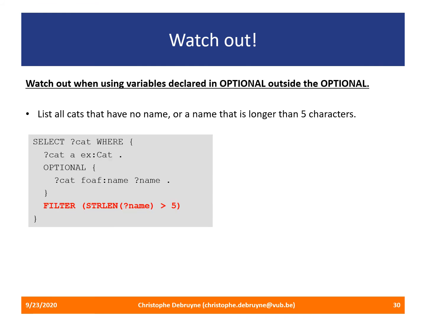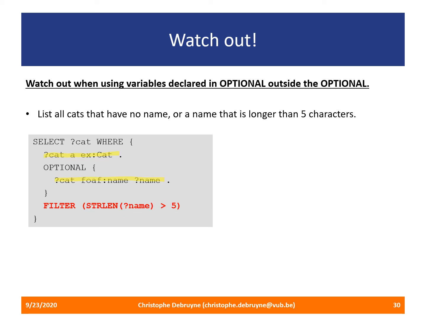A common mistake would be to do it as follows. We're looking for instances of cats. Then in an optional pattern, we declare looking for their names, so an outer join. And then outside the optional pattern, we check whether their name is longer than 5.